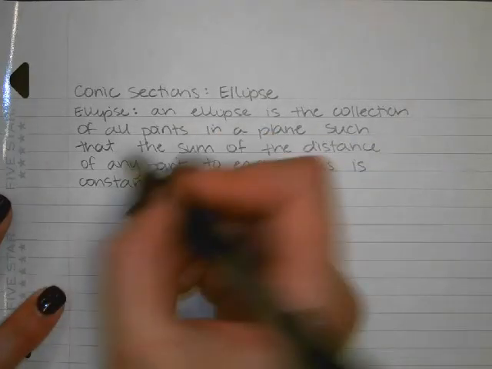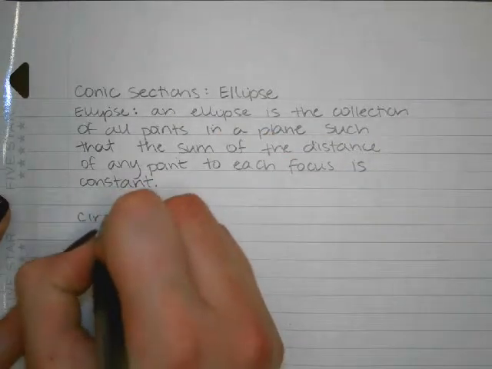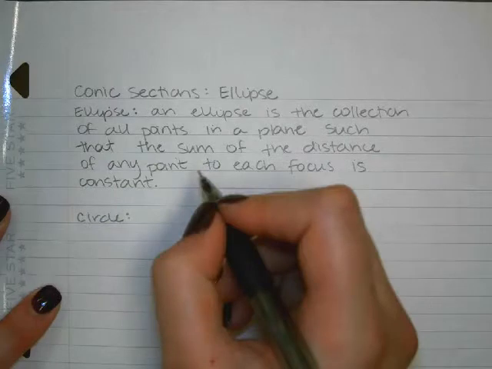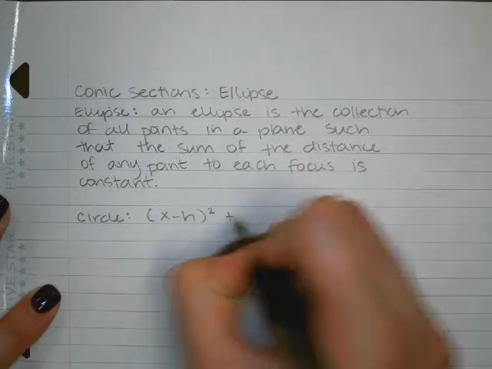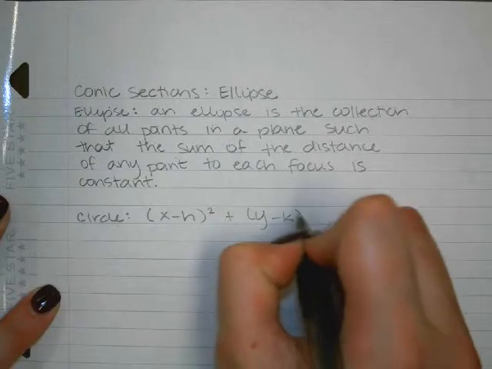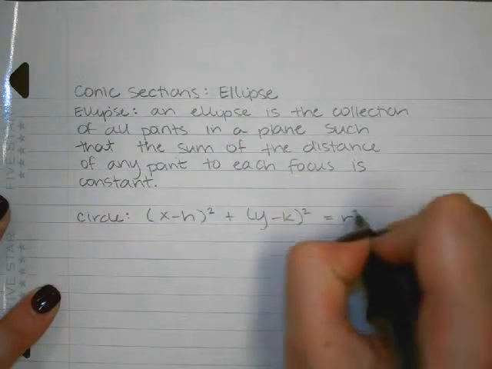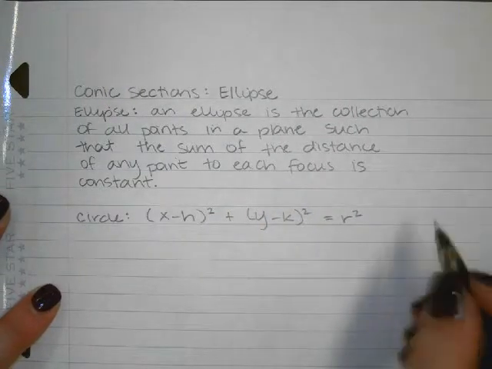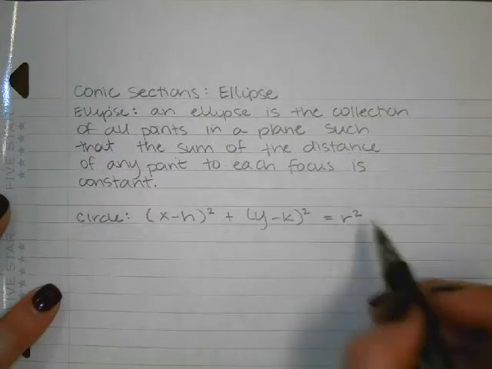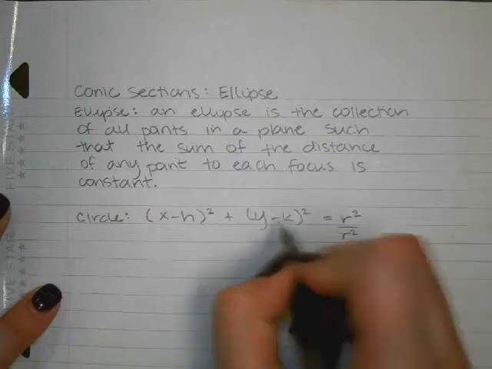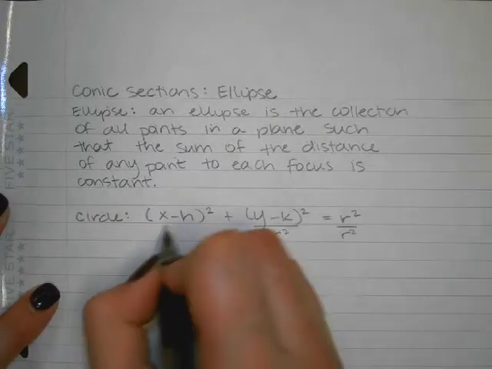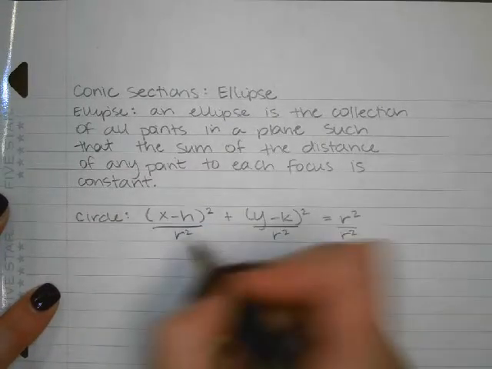So a circle, as we already learned, is written as (x minus h) squared plus (y minus k) squared equals r squared. And if you wanted to adjust this equation and make it equal 1, you could divide by r squared, divide by r squared, divide by r squared.